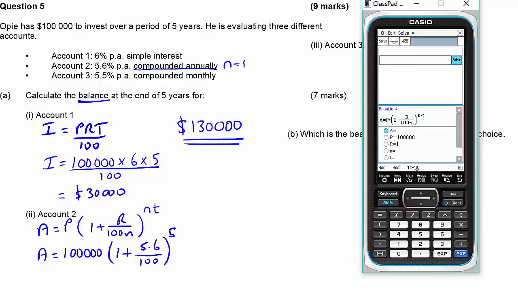The rate is 5.6. N was 1, once a year, and we're doing it for 5 years. And that gives us 131,316.59.